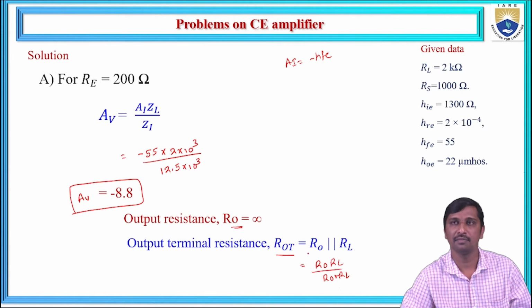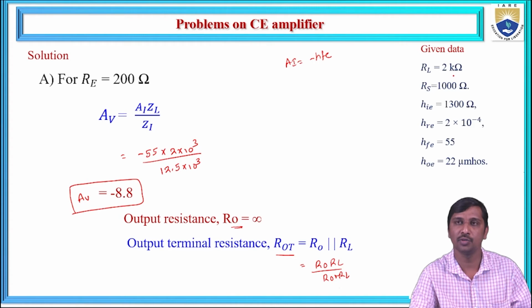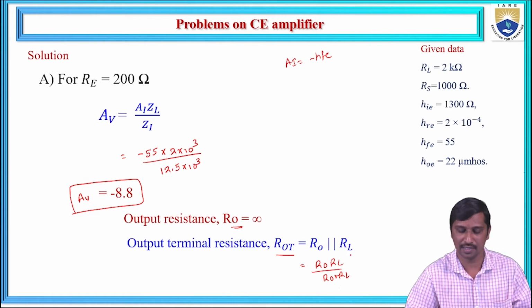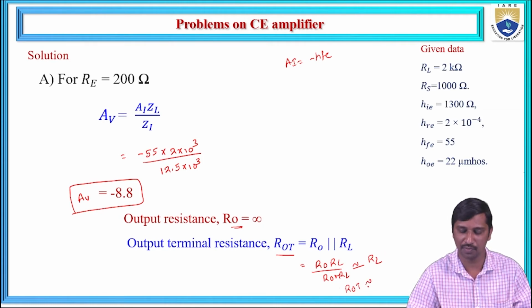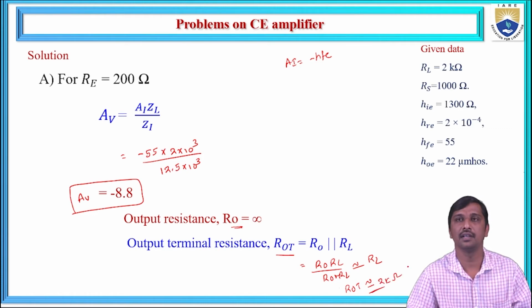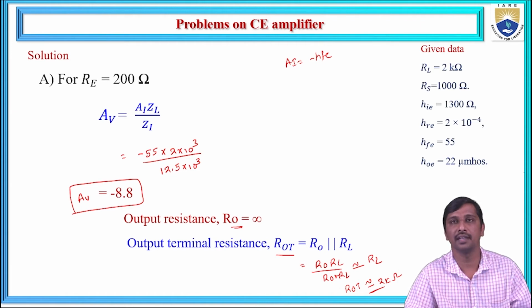Here R0 is very large, since we consider it infinite, and RL is 2 kilo ohms. Hence this is approximately equal to RL. So the total ROT is approximately equal to RL, that is 2 kilo ohms. This is the total output resistance or terminal resistance.